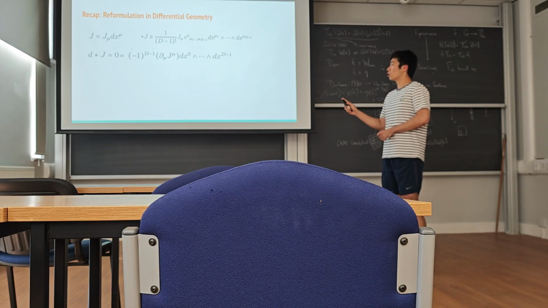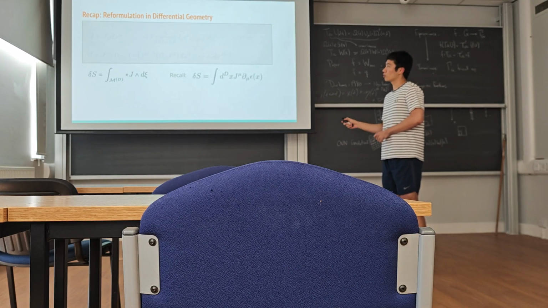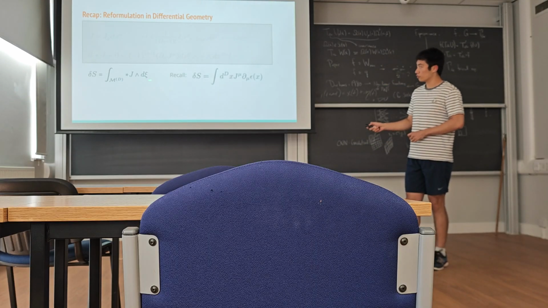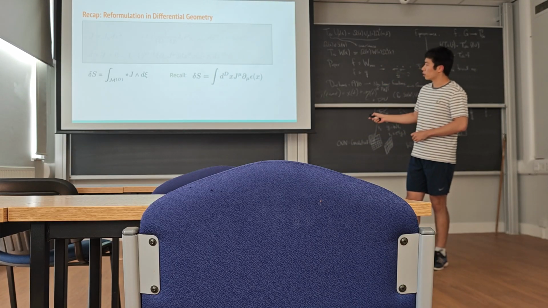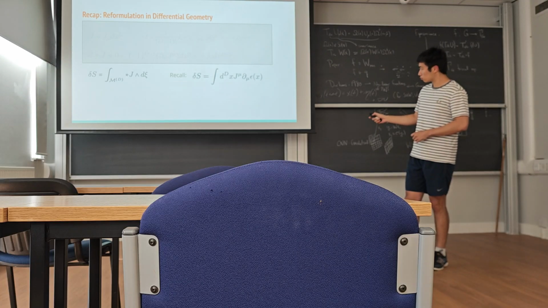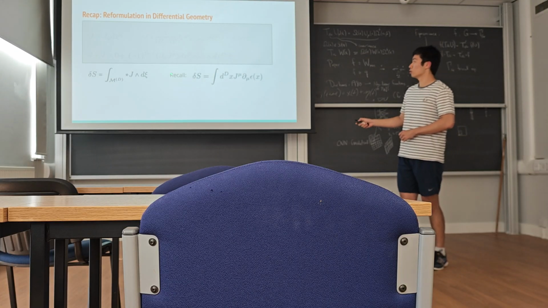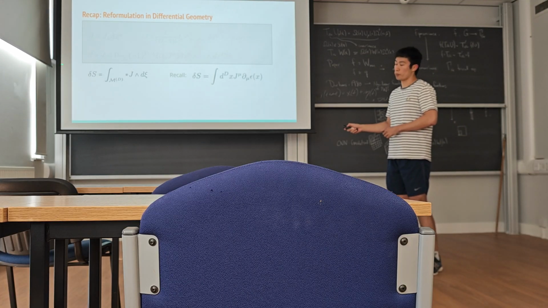Now, we can move on to the variation in action, the first order variation. We can see that this is the form we had just now in our classical field theory. And now this is the differential geometry reformulation.